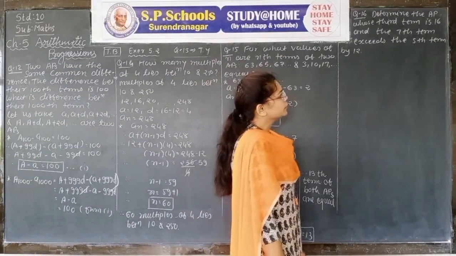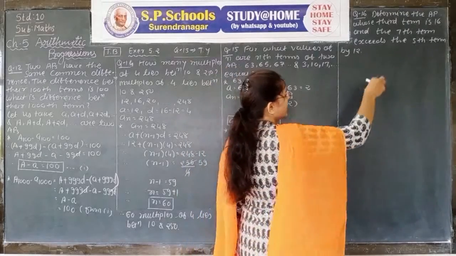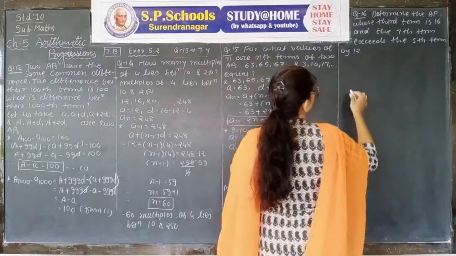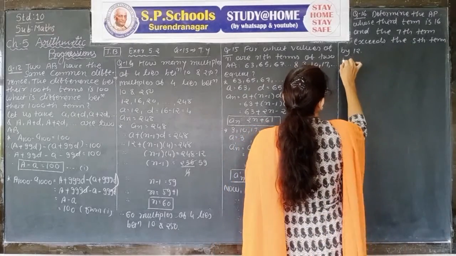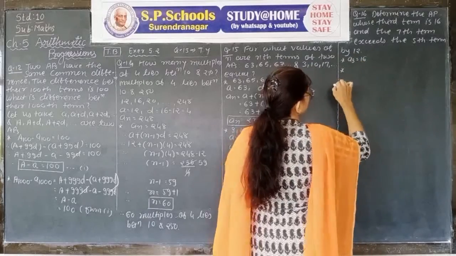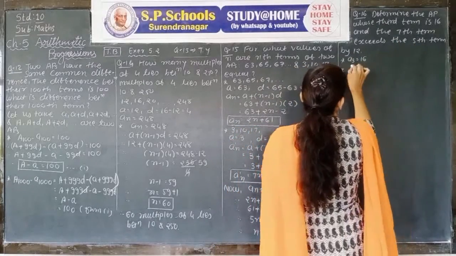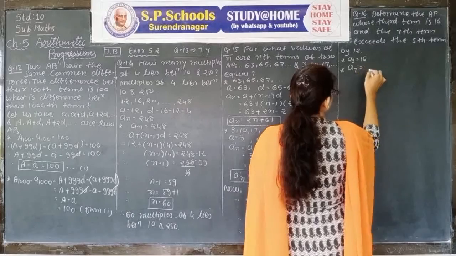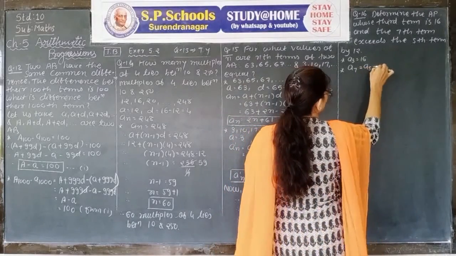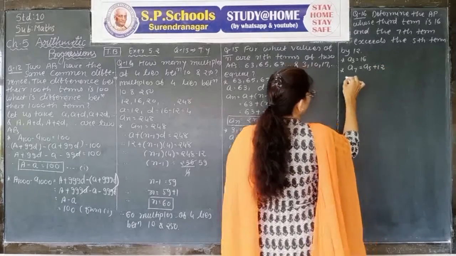Determine the AP whose third term is 16 and seventh term exceeds the fifth term by 12. Third term is 16, means A3 is equal to 16, and seventh term A7 exceeds the fifth term by 12, A5 plus 12.